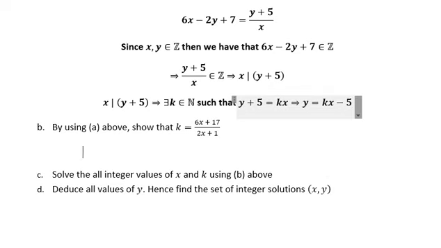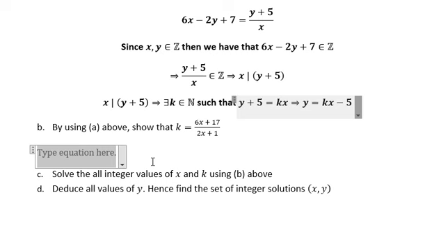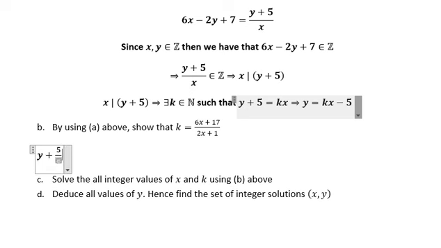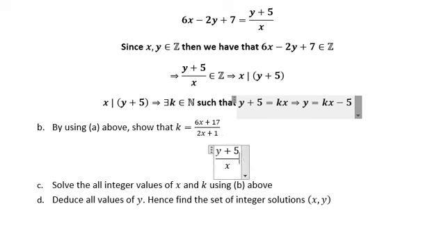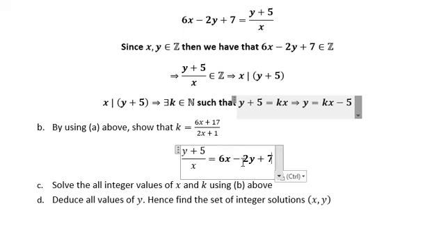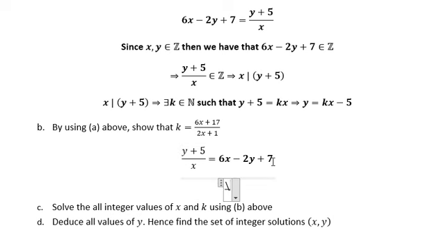The right hand side, y plus 5 divided by x, like we said, is equal to this quantity. But we clearly see that y plus 5 divided by x is just equal to an integer, which is k. So we replace the left hand side with k.